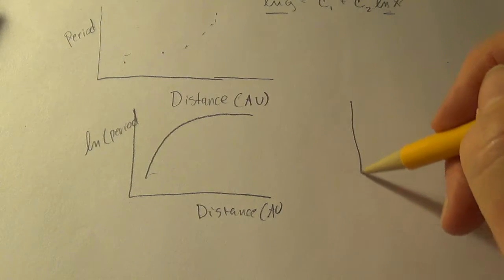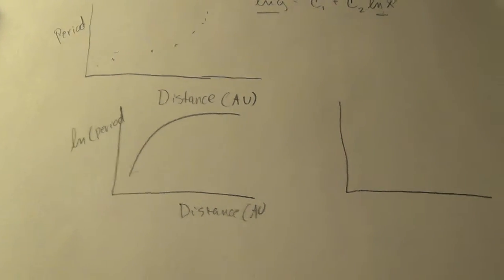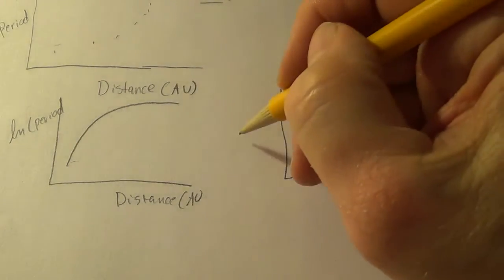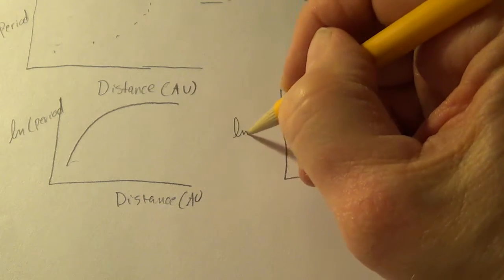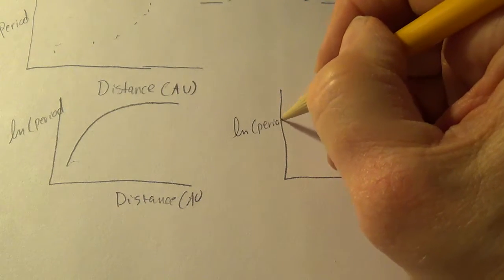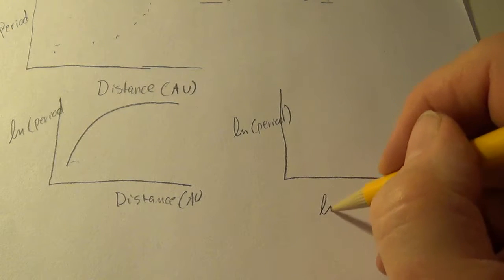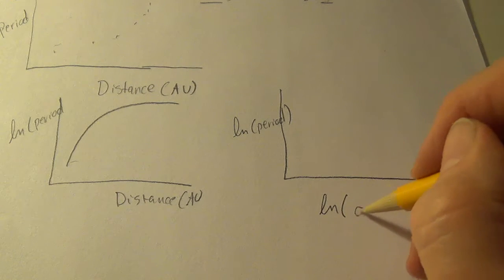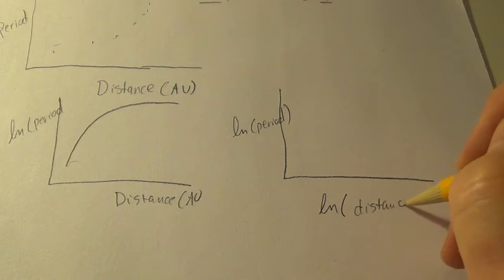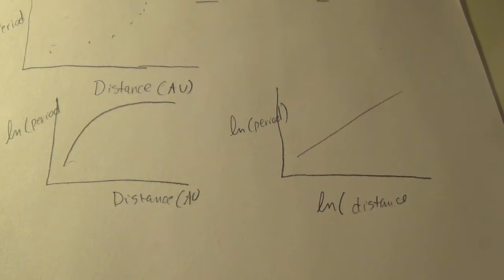So what else could we try? Again, a lot of trial and error here. So we're going to do ln of the period, and then we're going to do ln of the distance as well. And when we did that, voila, straight as an arrow. Not straight as an arrow, but much more straight.